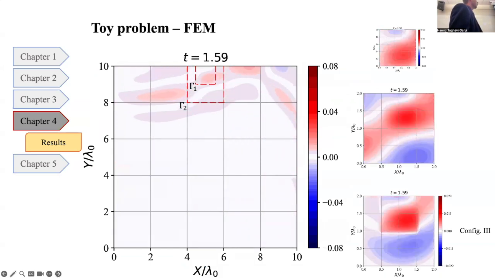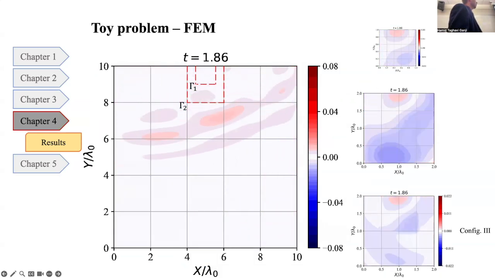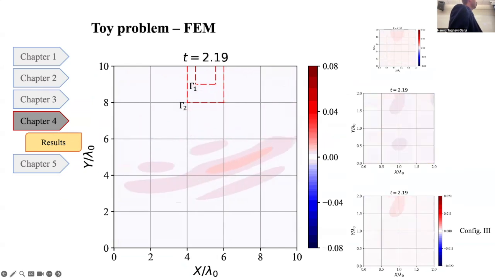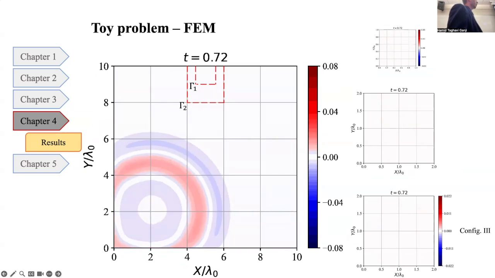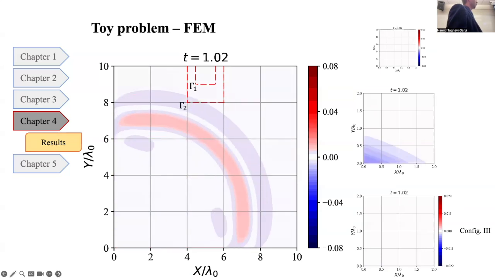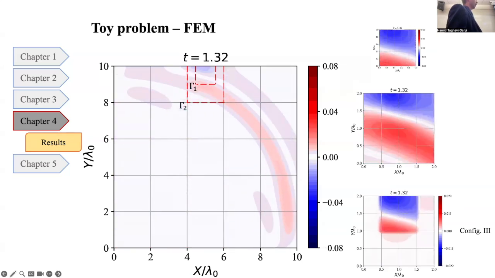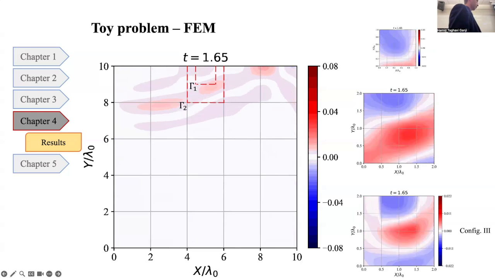As we see, the difference between configurations 2 and 3 is that in configuration 2, everything is based on the total responses, but in configuration 3, for the interior part, everything is based on the total responses, but for the exterior part, all we have is the scattered components.